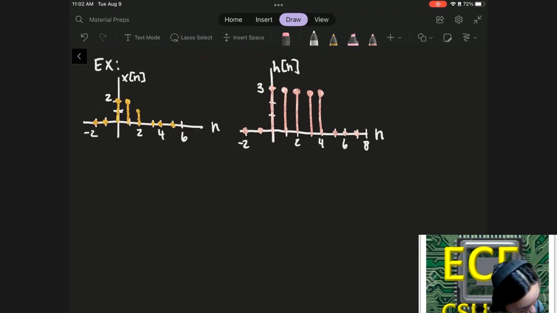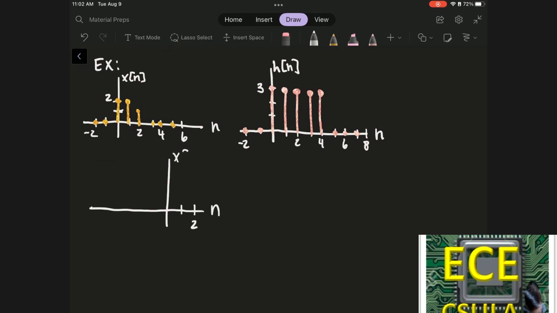Let me draw this: x of minus n. Minus 2, minus 4, minus 6, and 2.